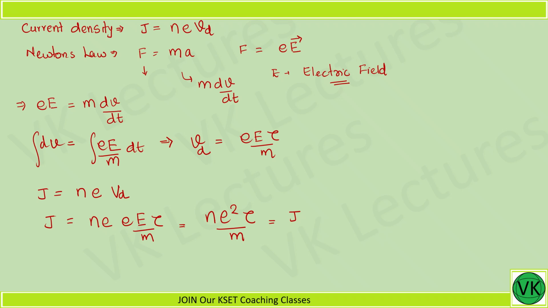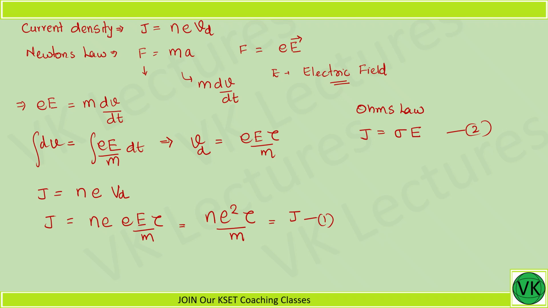Now from Ohm's law, current density J equal to sigma E, where sigma is the conductivity. So this is equation 1, this is equation 2.